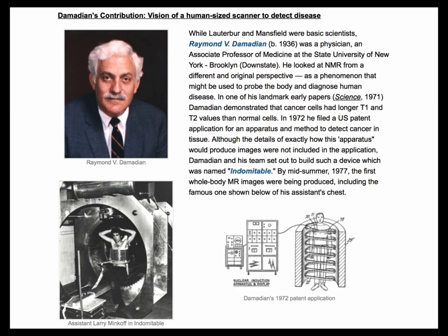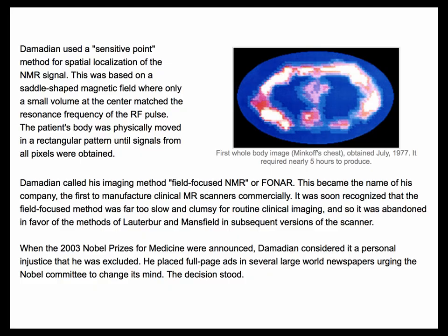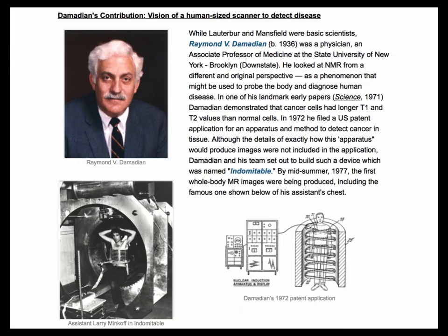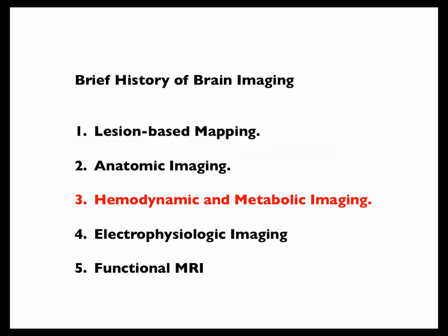And for that and other reasons, he was left off the Nobel Prize list, which is still somewhat controversial. But most people in the field agree that Mansfield and Lauterbur were part of the mainstream of the science going forward. He was doing something off on the fringes. Nobody really understood exactly what he was doing. Kind of worked, but it never really caught on in the future.